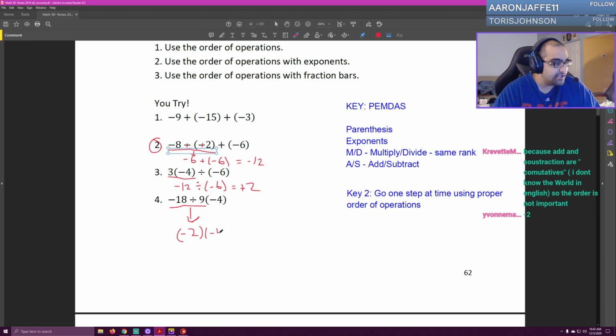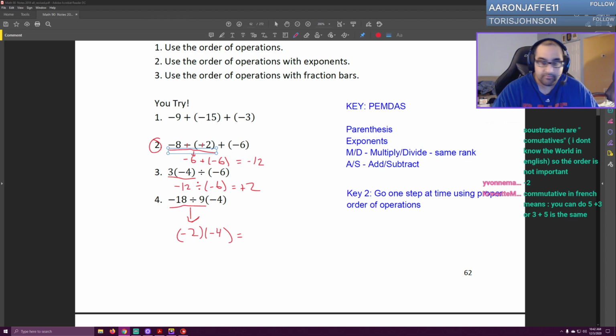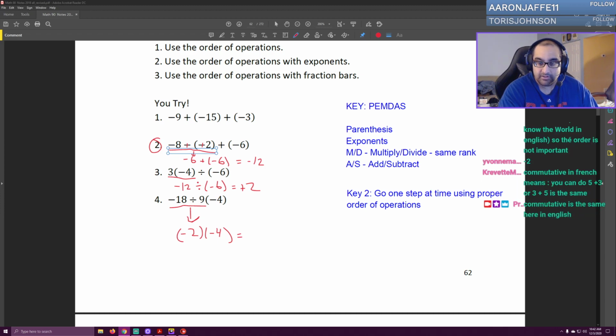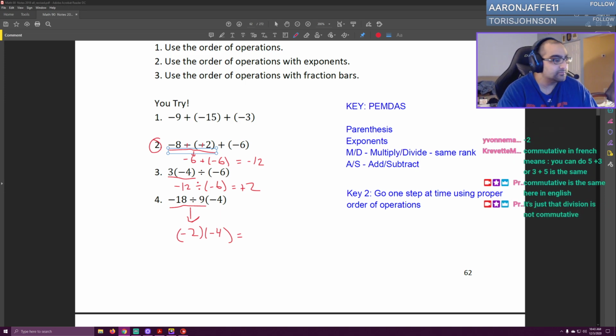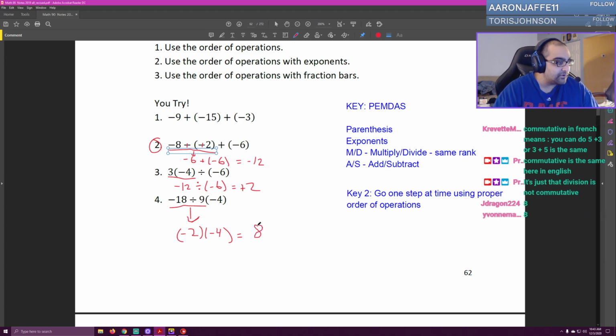And we're going to multiply that by negative 4. Okay, and so we have negative 2 times negative 4 now. And what do we get here? All right, positive 8. Positive 8 is correct.